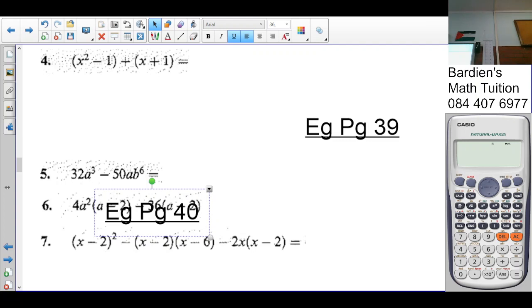Anybody? Difference of 2 squares. You all agree with that? Yes. Okay, where is it going to be a difference of 2 squares? First bracket. So do the difference of 2 squares quickly. You're on page 40. Yes.